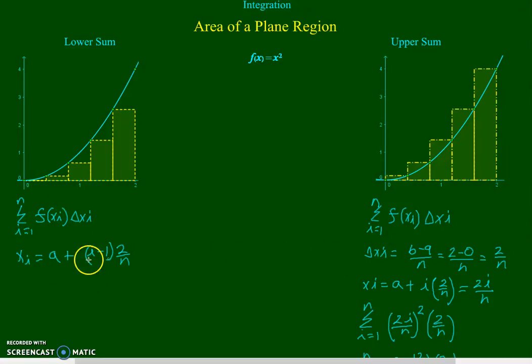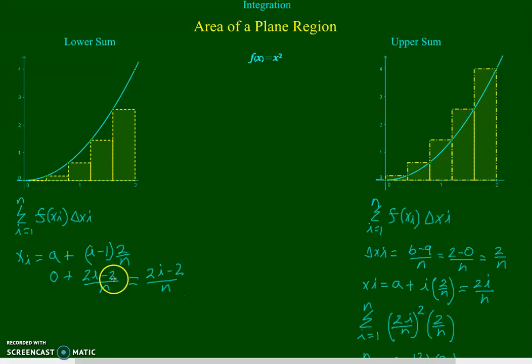Now we go ahead and work this out. That becomes 0 plus 2i minus 2 over n, which is just 2i minus 2 over n.